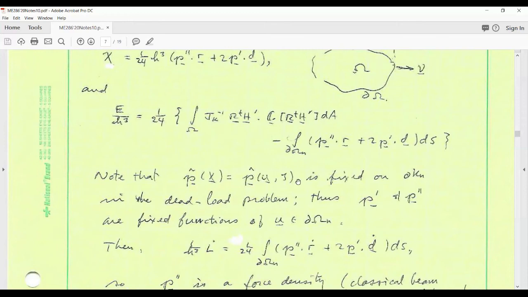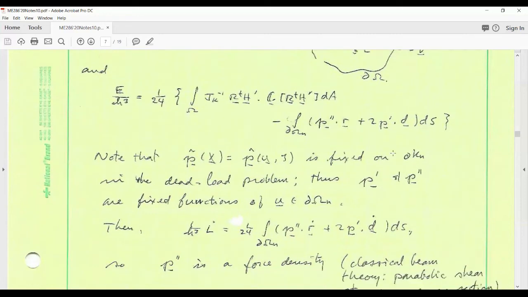You take its derivative with respect to zeta, first and second derivatives evaluated on the midplane. Those are also assigned functions of u on the edge, and therefore assigned functions of arc length on the edge, because the edge is given in parametric form by specifying u as a function of s. So these become known functions, fixed, independent of deformation on the edge in the dead load problem.